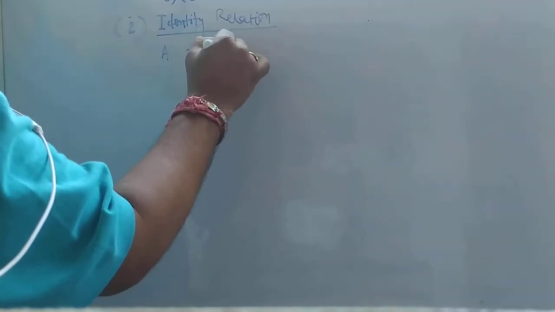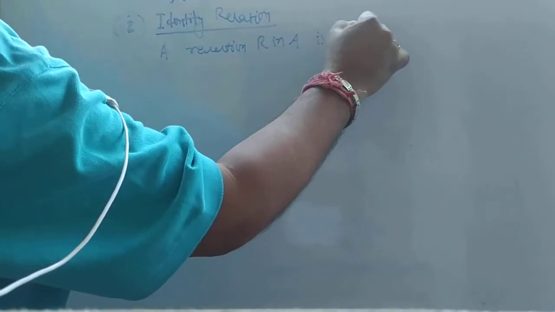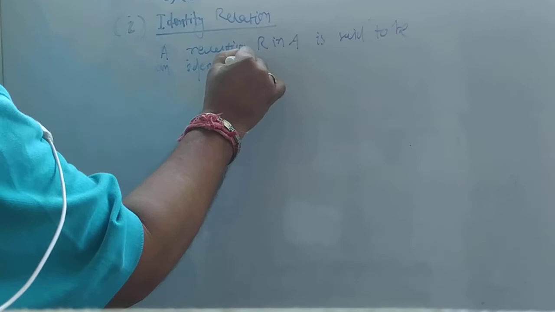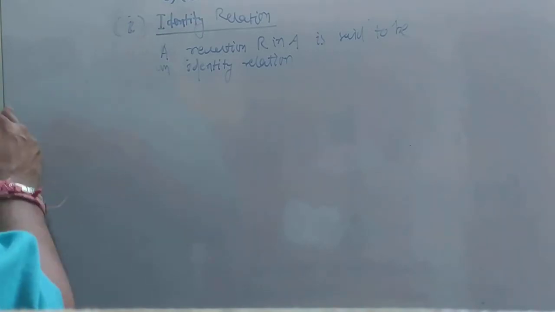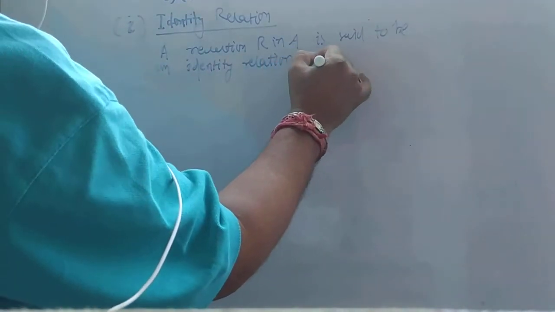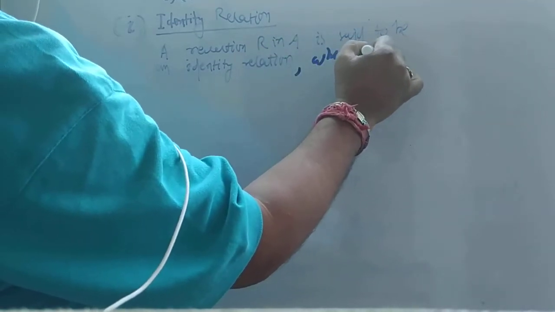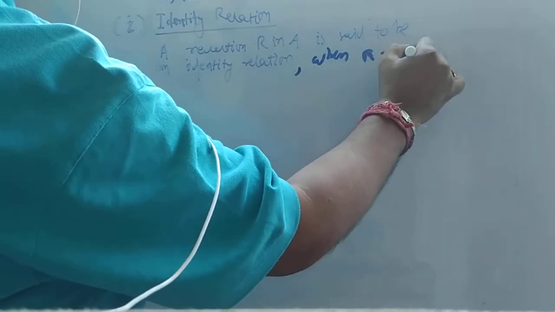So identity relation. A relation R in A is said to be an identity relation when R is equal to {(a, a)}.